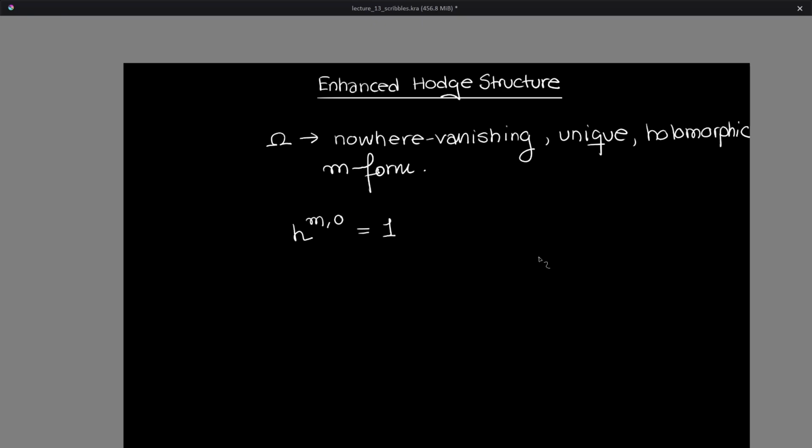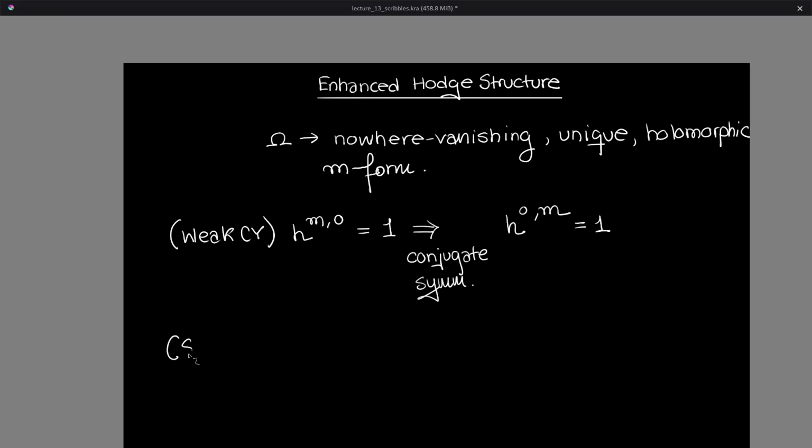Now, on top of that, we can additionally say that because of conjugate symmetry, we also get that H^{0,m}, the one with the flipped grading, will also be 1. Okay, so with that established, this is for all of them, including the weak Calabi-Yaus.